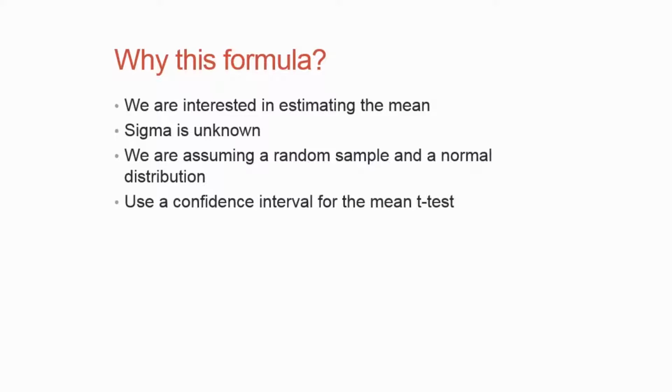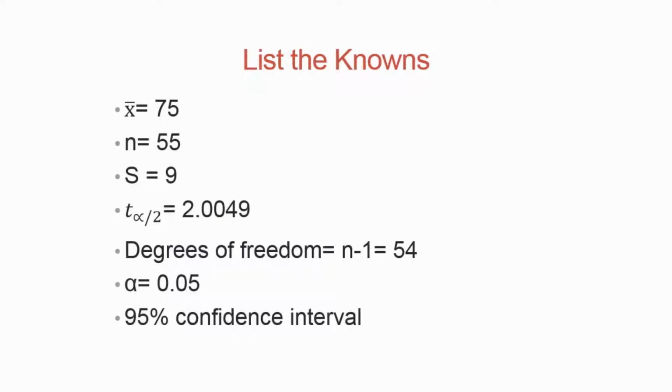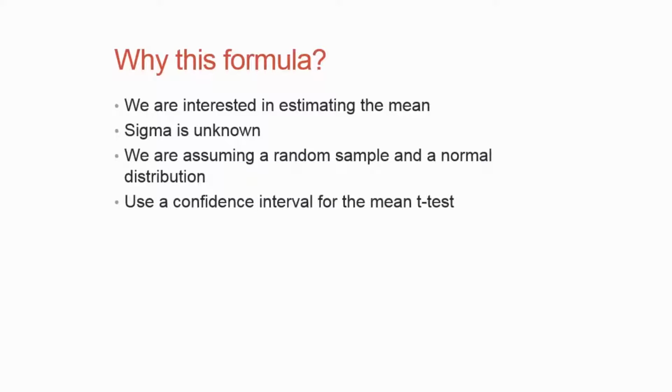Why are we using the formula we are? We want to estimate the mean. It doesn't tell us what the mean is. We're supposed to come up with that. Sigma is unknown because the value for the standard deviation was only from the sample. We're assuming a random sample and a normal distribution. Our sample size is 55, so it's likely that this sample is normally distributed.